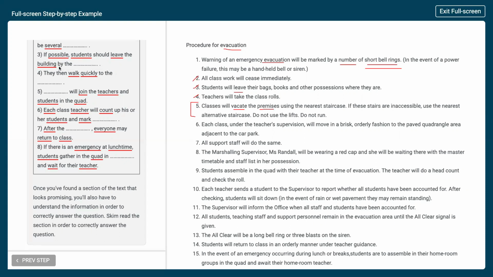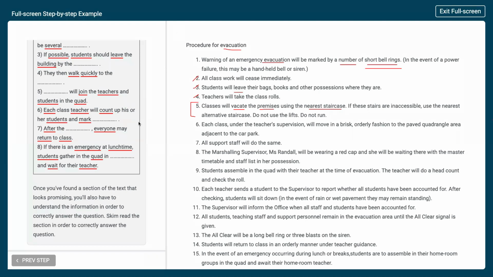And in this case, by looks like it's going to be a method. So students are going to leave the building by walking, or perhaps by the nearest staircase, okay? So this is not a direction or a location by, it is a method. So I'm going to say that nearest staircase is great.